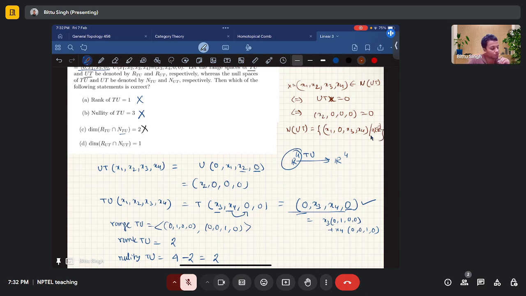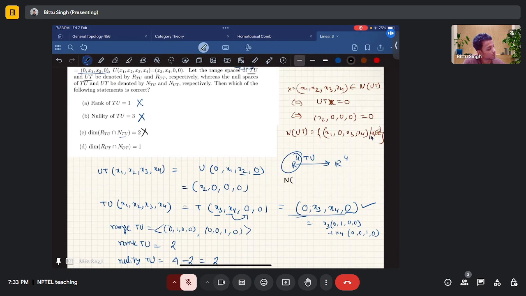So again, N(U_T) intersection R(U_T) will contain elements of the form x1, x2, x3, x4. For this tuple to belong to N(U_T), it must satisfy the relation that x2 is 0.